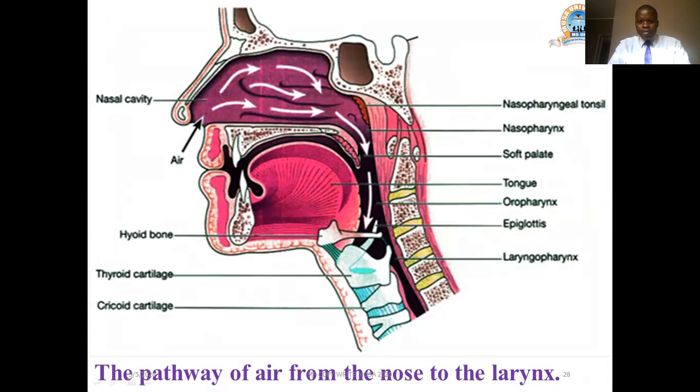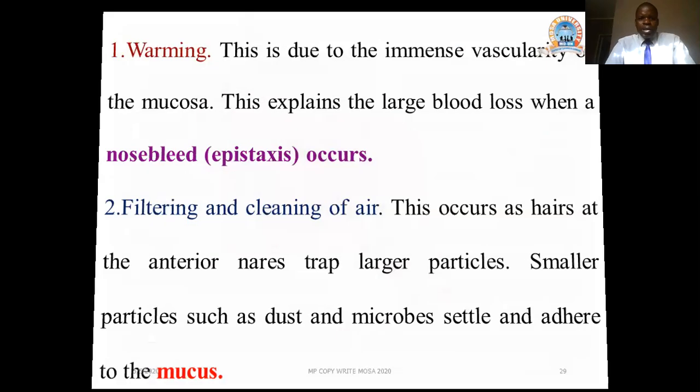Then the soft palate. Then from the soft palate, it comes down here until it reaches the larynx just here. So all these structures are just trying to show us how air moves from the nose to the larynx.